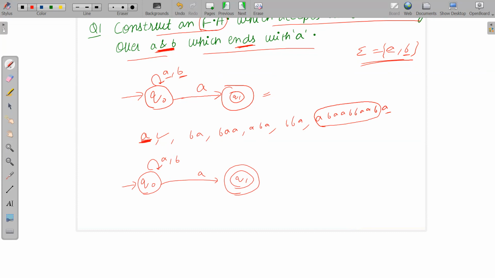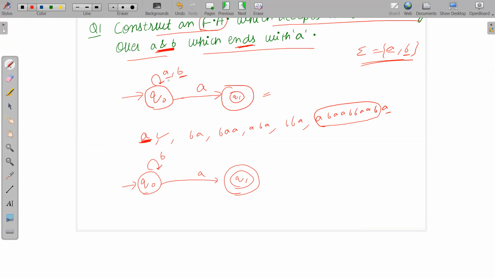After reading A, we have to jump to the final state, because the string can be a single A also, and a single A we have to accept. So for B we will have a self loop, and for A we will not have a self loop, rather A will move to Q1, because we do not need any choice now.